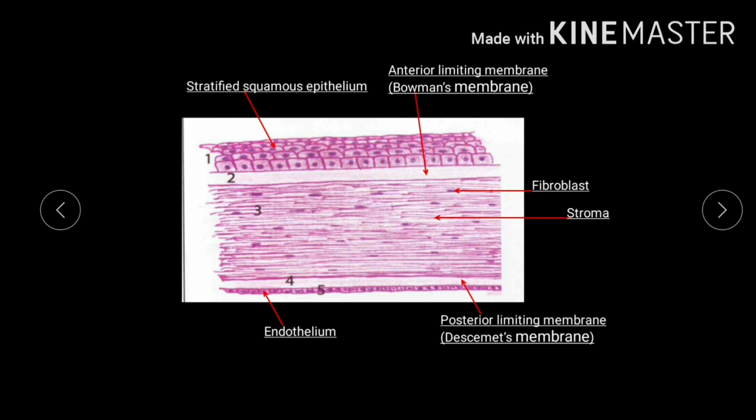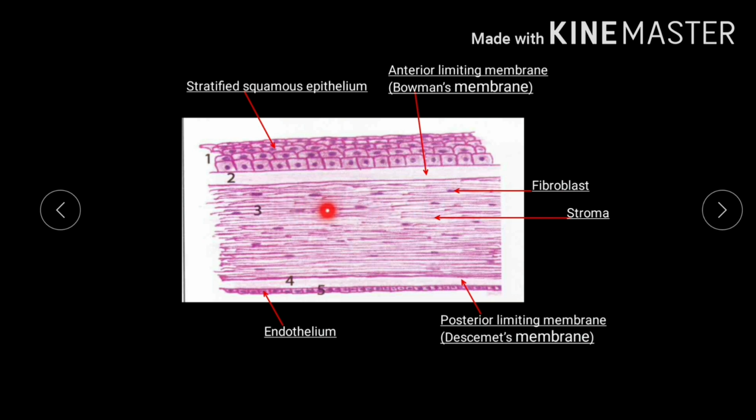Now, according to the structure, the cornea is divided into 5 layers from anterior to posterior, or outer to inner aspect. The first layer here is known as the corneal epithelium. After the epithelium, the second layer is known as the anterior limiting membrane or Bowman's membrane.